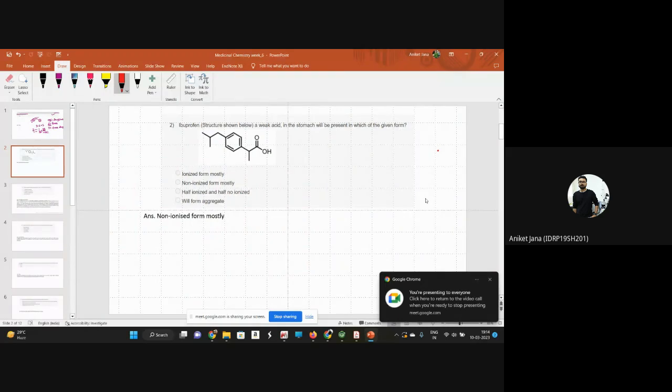Anybody? Non-ionized form. Why? How can we explain that it will be in the non-ionized form only? Why not ionized or half ionized and half non-ionized?